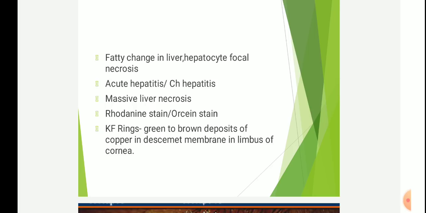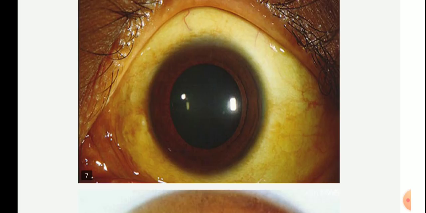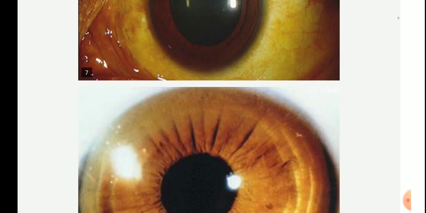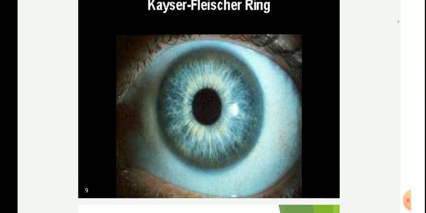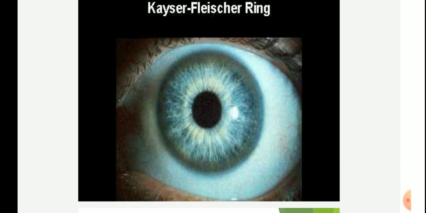See there, green to brown deposits of copper in Descemet's membrane in the limbus of the cornea. Here you can see the outer part of this particular cornea showing this. Again the same, the outer part of the cornea.